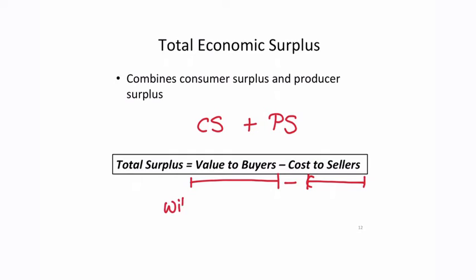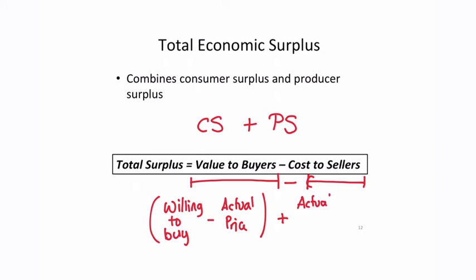Well, when we look at consumer surplus, this is the willingness to buy minus the actual price, plus the producer surplus, which is the actual price minus the willingness to sell, which is really based on our cost.